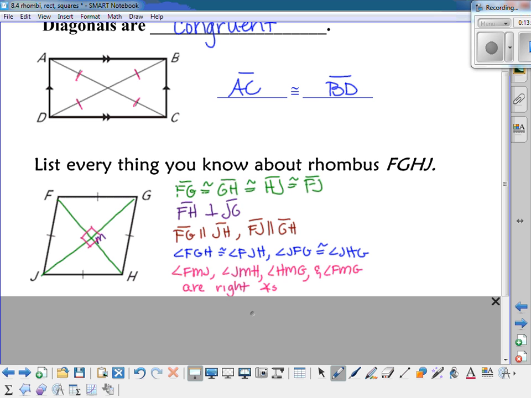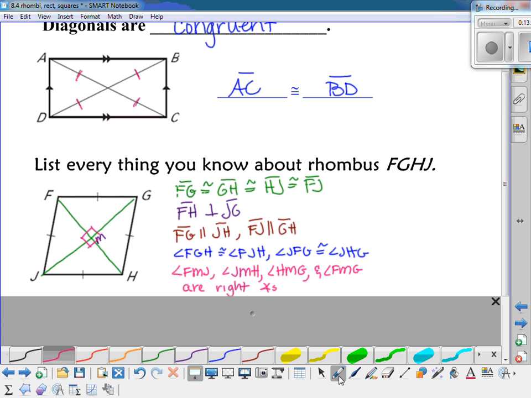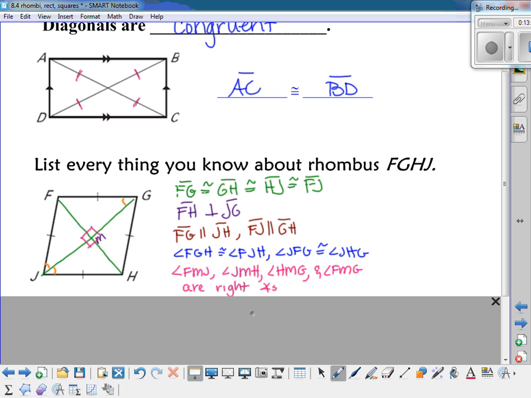I also know that the diagonals bisect the opposite angles, so that means that those angles are congruent there, and these angles are congruent here. I'm running out of room, so I'm not going to write that down, but those angles would all be congruent because it's a rhombus.